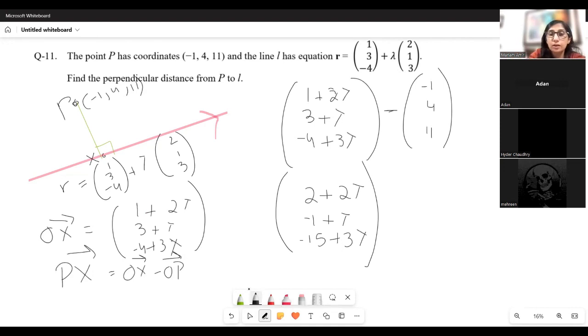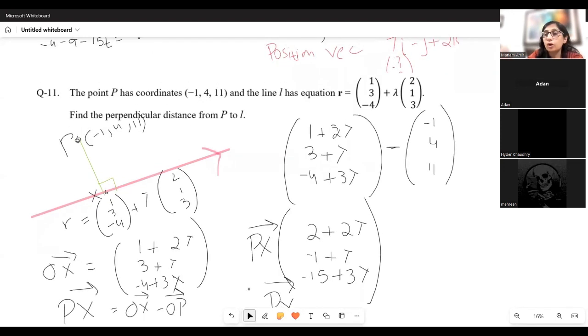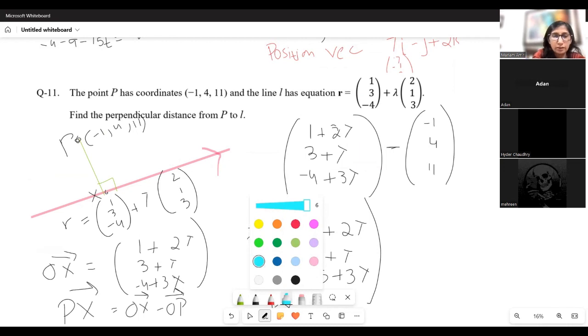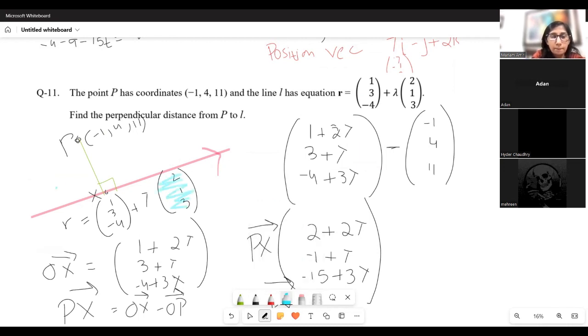That is correct. Now we're going to take dot product of Px, this was Px, and the red line. But we're not going to take the dot product with the entire red line because it also has lambda in it. And we don't want to complicate things. And we know that this direction vector is a vector parallel to the original vector.